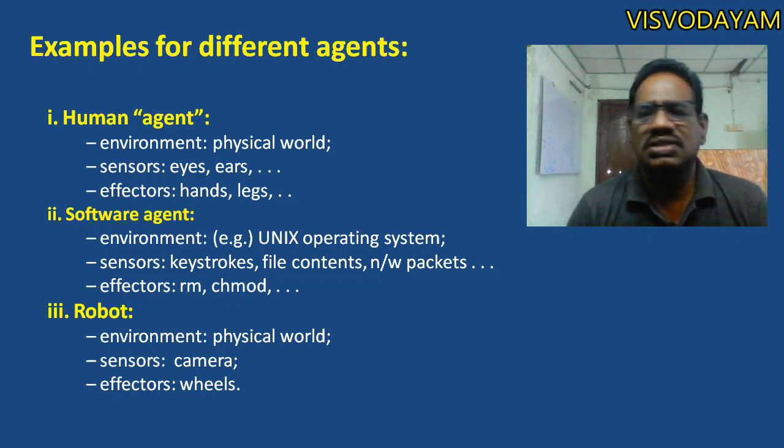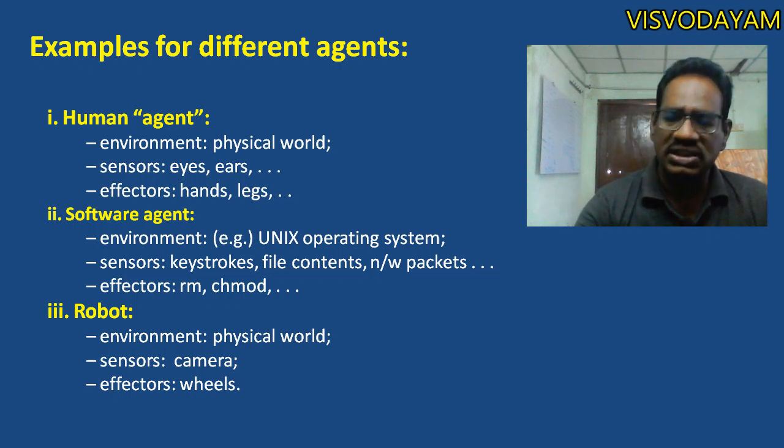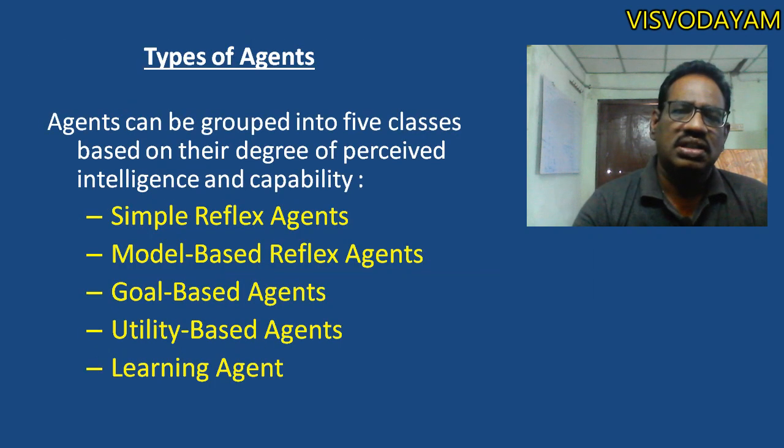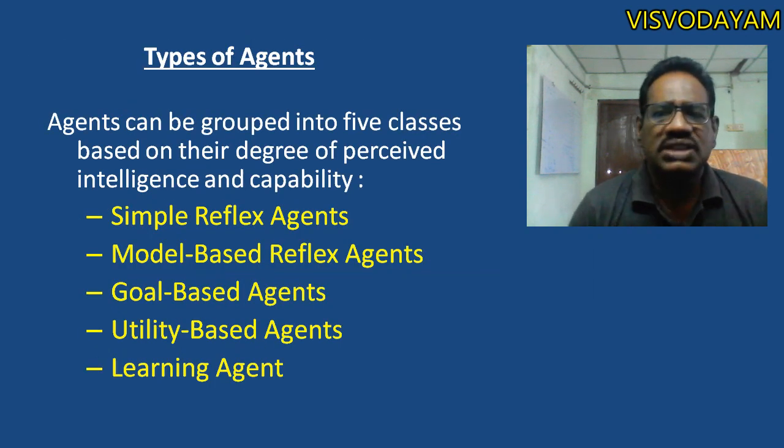This comes under the actuators. So an agent may be a human agent, a software agent or a robot agent. We have given three examples for this.